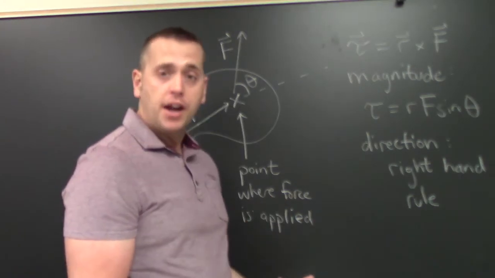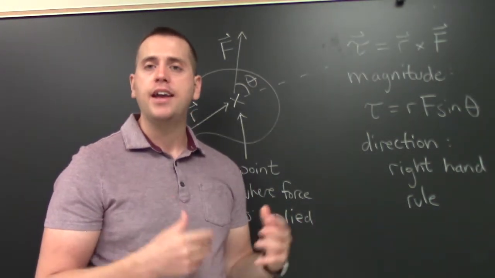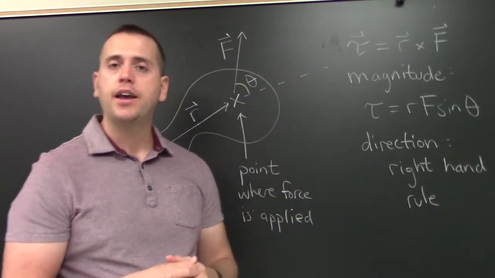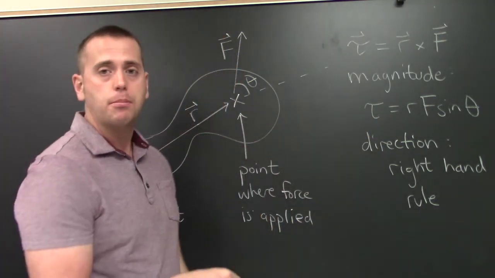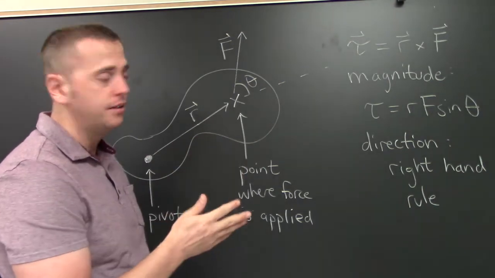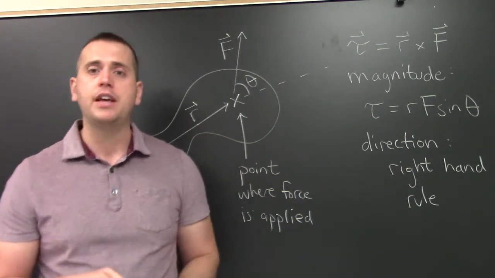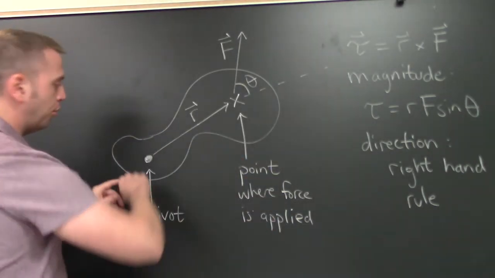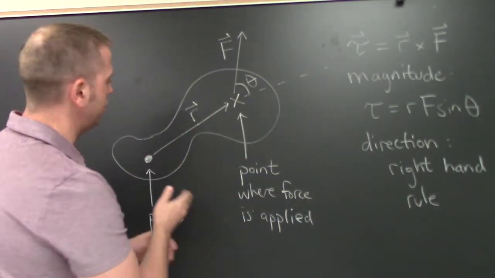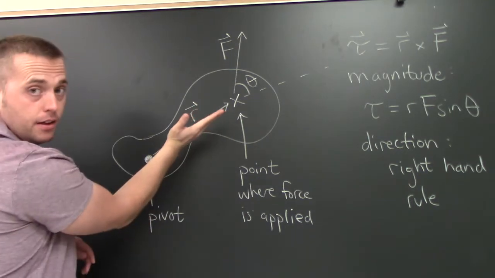If we want to know what the direction is, then we can use the right-hand rule. If you remember how the right-hand rule goes, with a cross product of two vectors, you start by taking your right hand, and by the way, don't use your left hand because you'll get the wrong answer every time. Take your right hand and point it in the direction of the first vector, which is R. Okay?